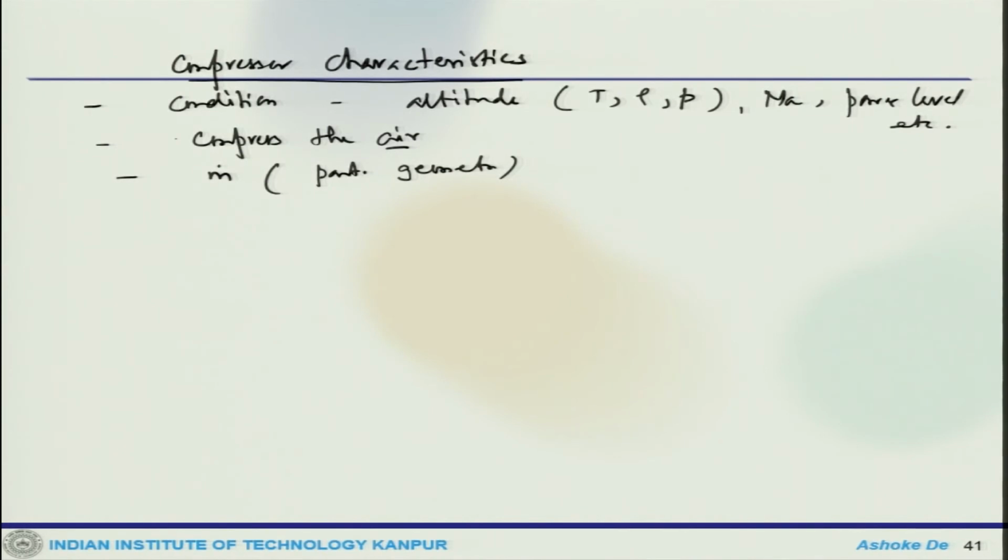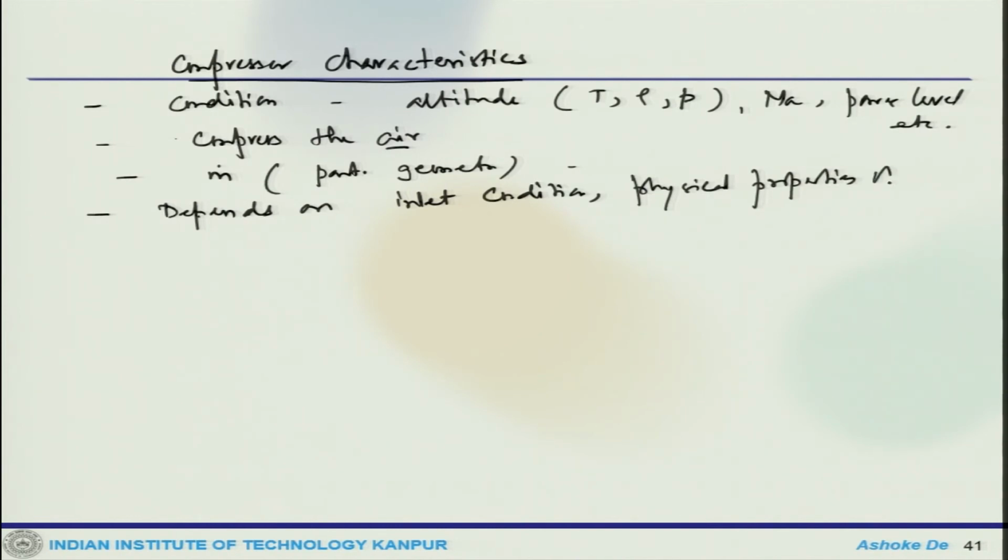Now, performance of any compressor may be specified by curves of delivery pressure and temperature and also the rotational speed. So, all these things depend on inlet conditions, physical properties of air.